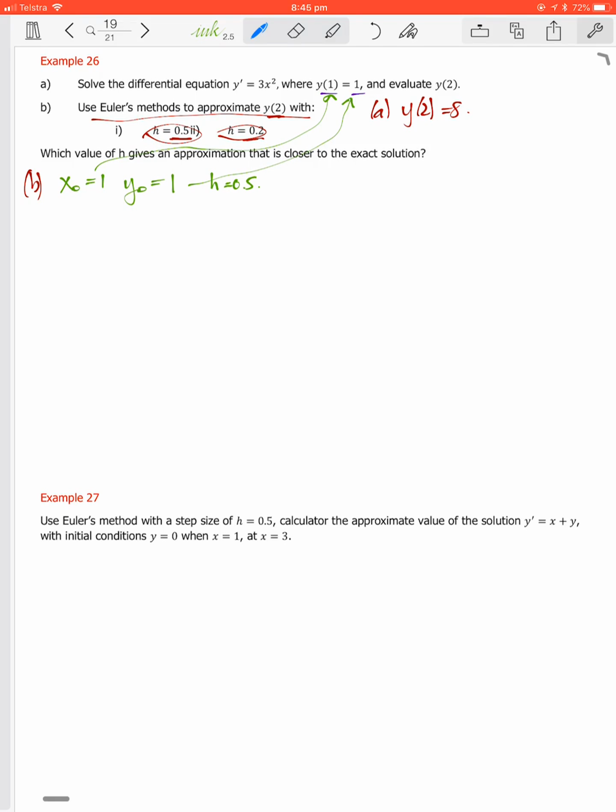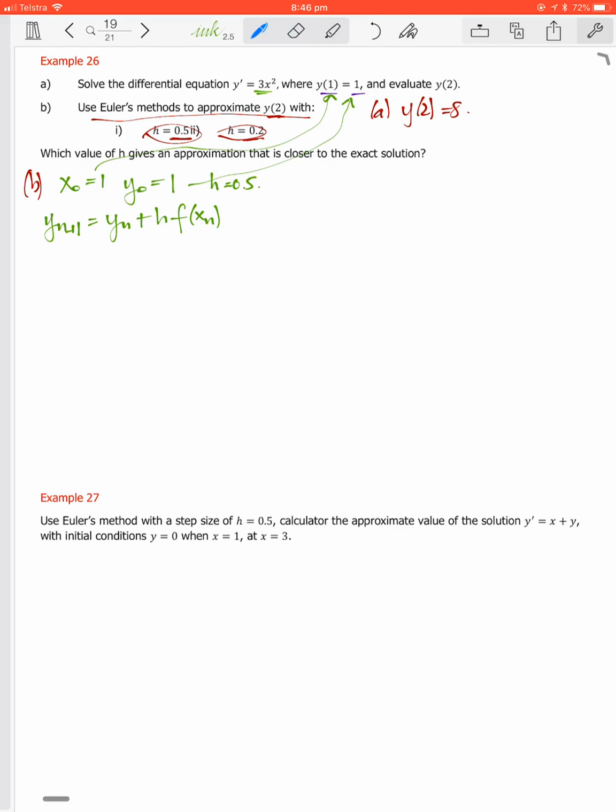Now Euler's formula is yn plus 1 is equal to yn plus h times f of xn, yn. Because this is only a function of x, we can just make it f of xn.